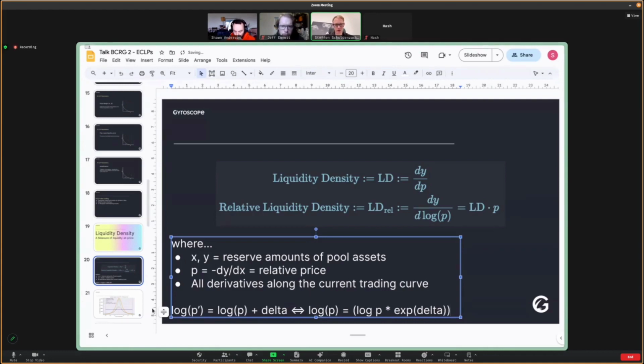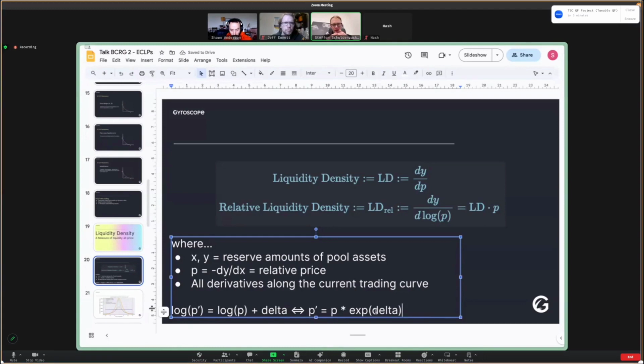That's correct, because logs turn multiplication into adding. And then I'm just removing the log, and that's equivalent to this. So when I'm adding a little bit to a log, that's the same as multiplying the underlying value by something. And so if I take a derivative against the log, that's the same as taking a derivative with respect to multiplying the price by something. Great. That's why that comes out of that.